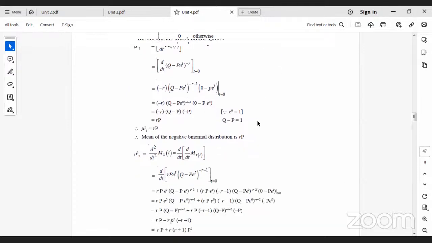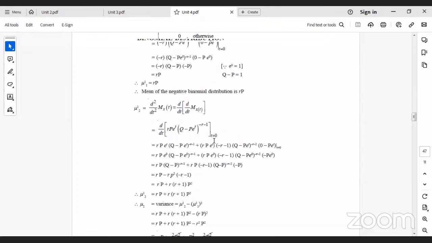So the mean of the negative binomial distribution is rP.